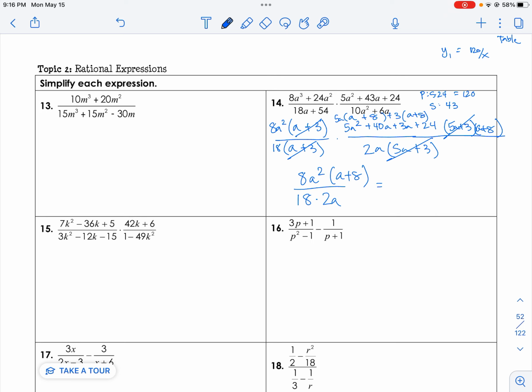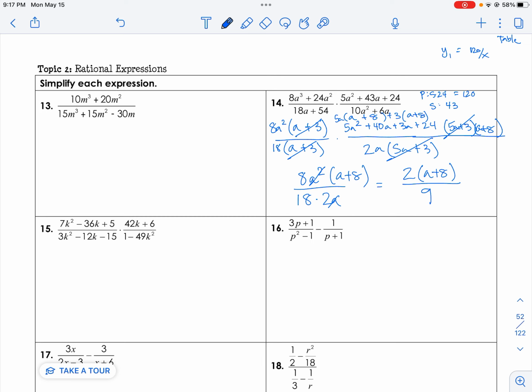Simplify that one step further, and it looks like you can divide by, let's see, 36 and 4. So you can divide by 4 and get an a. So you can get a 2 here times a plus 8. And then in the bottom, 36 divided by 4 is 9.